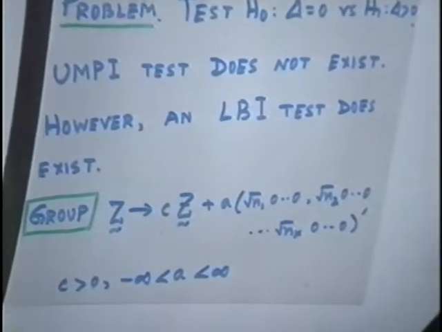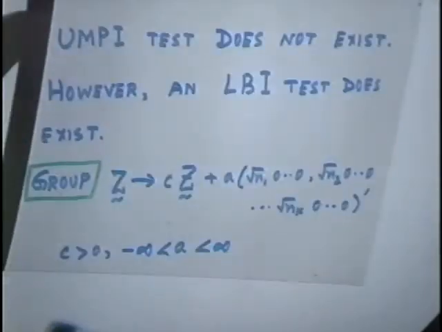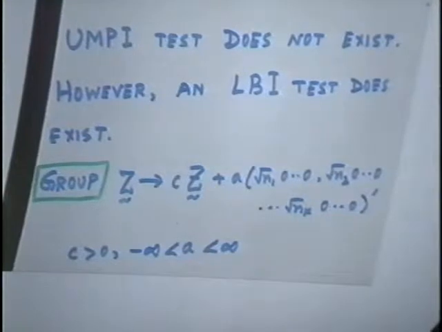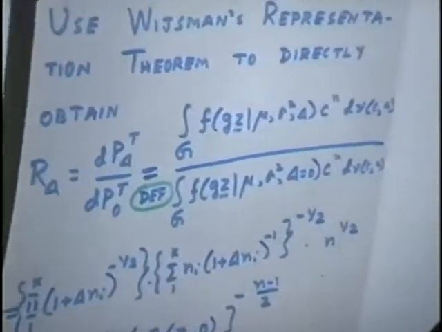Since I have not assumed that phi is exponential, in other words that the distribution of z is normal, we cannot use the standard normal theory or the exponential model, but we can use the representation theorem due to Wijsman.